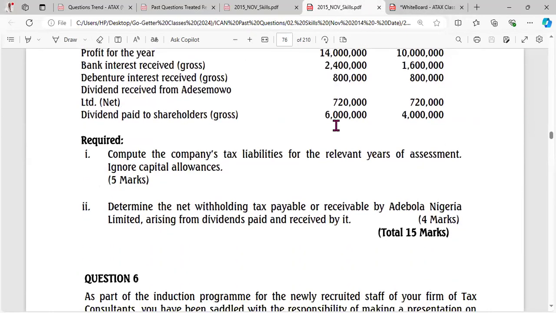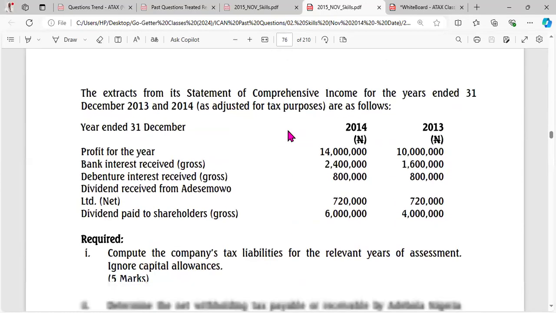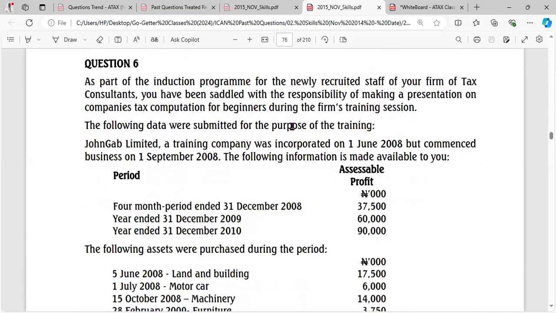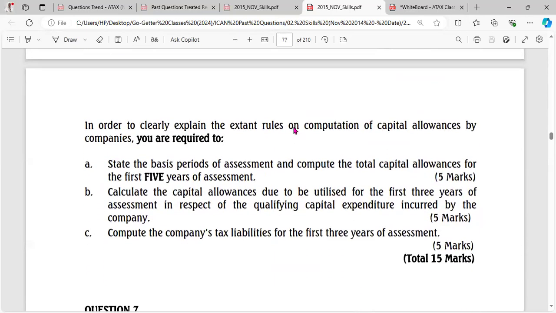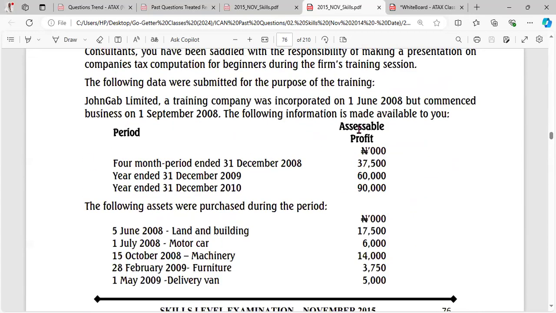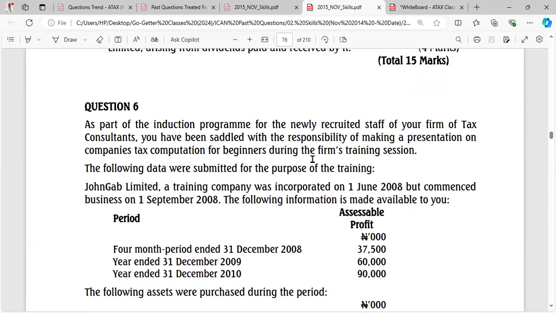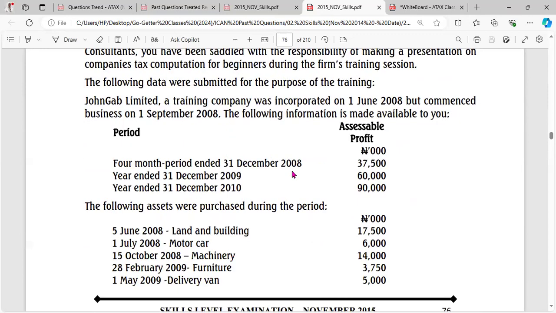Most of these capital allowance questions have to do with question number 1 down to... I think we've done this question before. We've done something like this before.